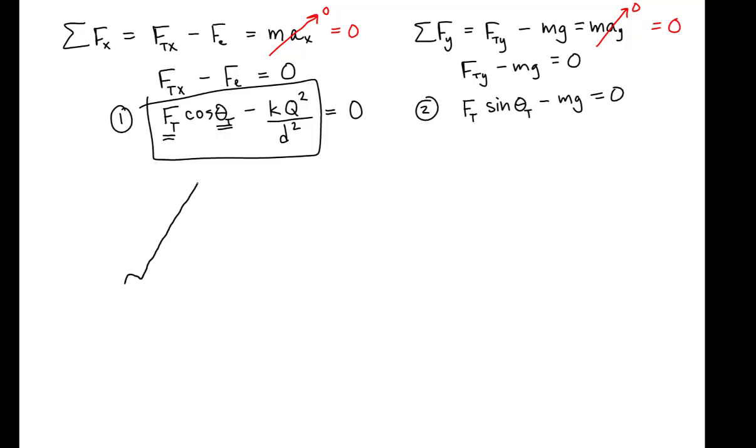So if we look at this scenario, remember the distance between the 2 balls is a distance d. If I create a right triangle from that, we know the leg adjacent to the angle is d over 2, and the hypotenuse is L. This gives us enough information to solve for the angle.